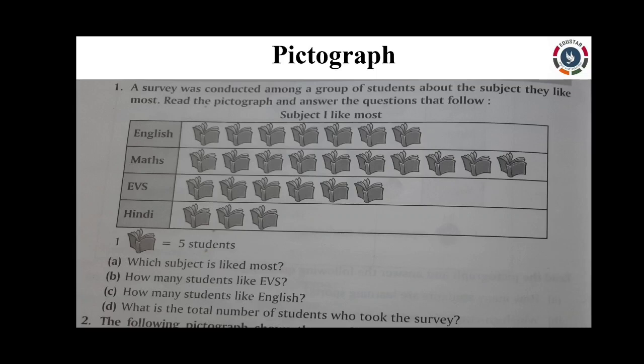Look at the pictograph. Which subject has the maximum number of book pictures? Yes, the Maths subject has the maximum number of book pictures. So, the most liked subject is Maths.